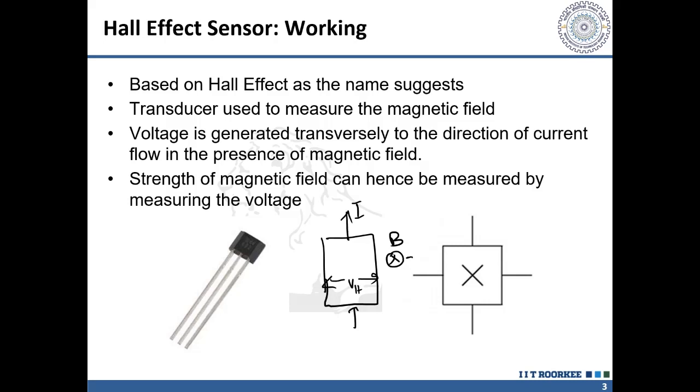The strength of the magnetic field can hence be measured by measuring the voltage. Basically, the formula that we used before to quantify the Hall voltage can be used to measure the magnetic field too. As a circuit element, the Hall effect transducer or sensor is represented by this diagram over here, and this is an image of the Hall effect sensor.